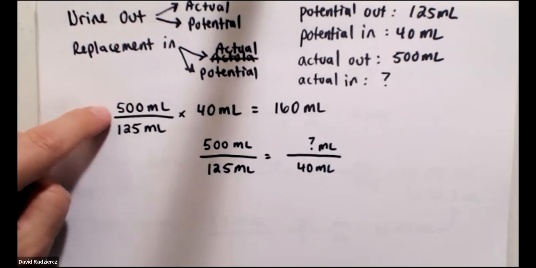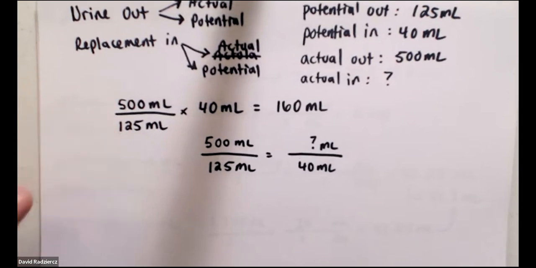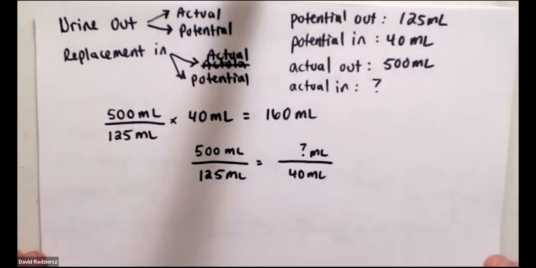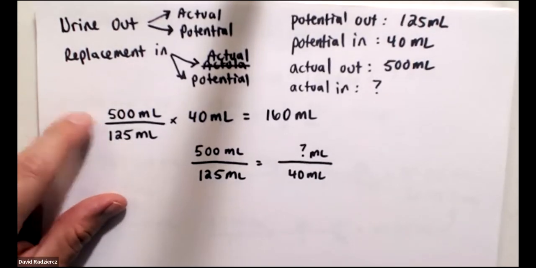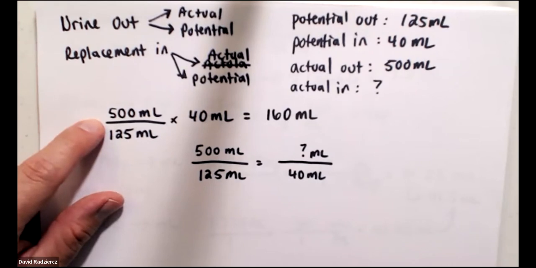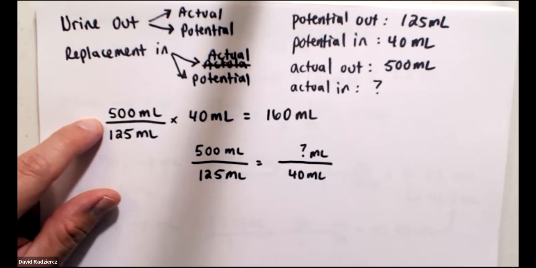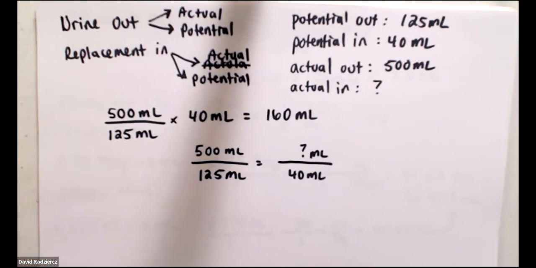The trick comes in sometimes your actual output is less than the original. So let's say in this particular question, my actual output was 100 milliliters. Would I still give them a replacement volume, even though they didn't void out 125 milliliters? Maybe, maybe not, but we can still calculate a volume.